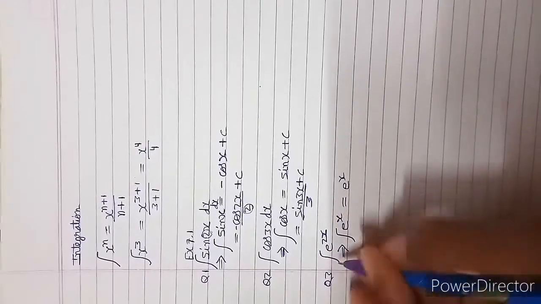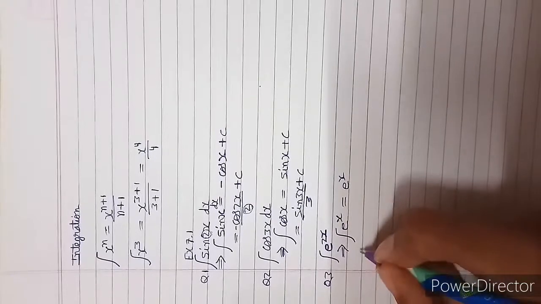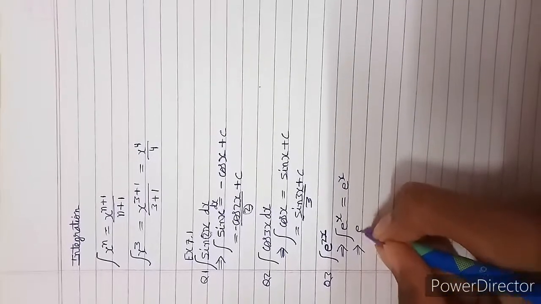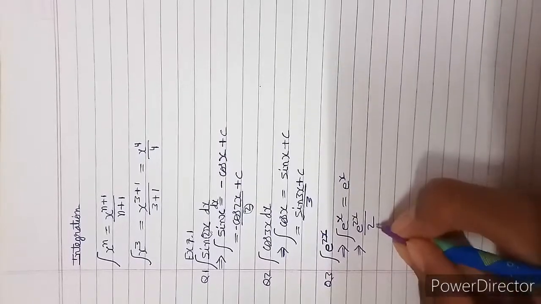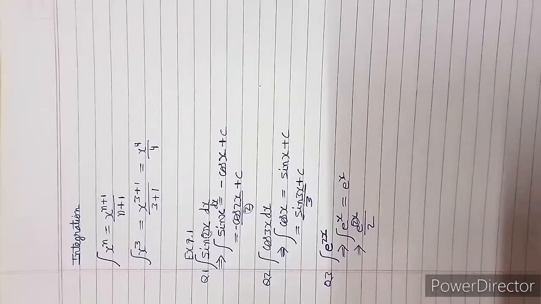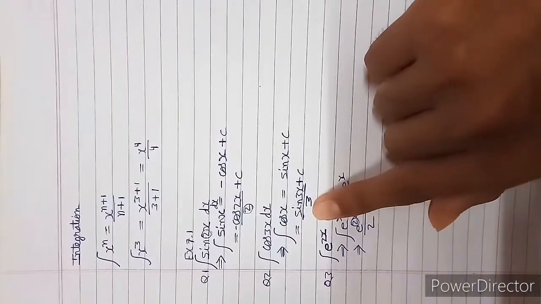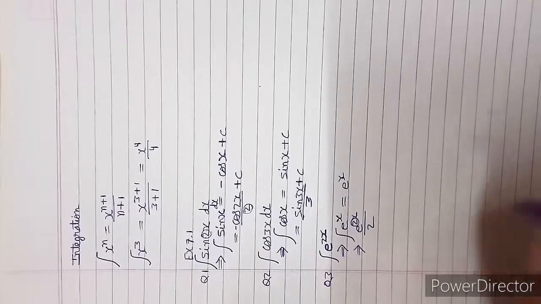Now according to our question, e power 2x is given, so we will write it as e power 2x and divide by 2. Why we have put this 2 in denominator? Because 2 is attached to our x, as we did in our previous questions also. Hope it is clear to you. Don't forget this c.